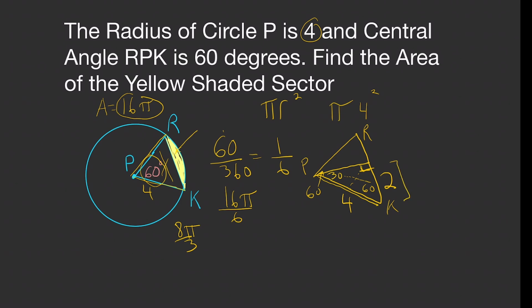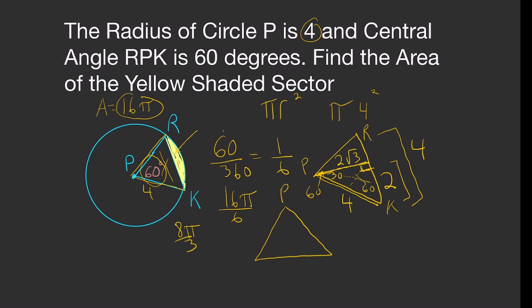And then this part across from the 60 is that 2 times the square root of 3. So this RK, this whole thing, is a base that's 4. And then the height right here would be 2 square root of 3. Let me just draw that over here to give a little bit more clarity. Again, I'm turning this upside down.